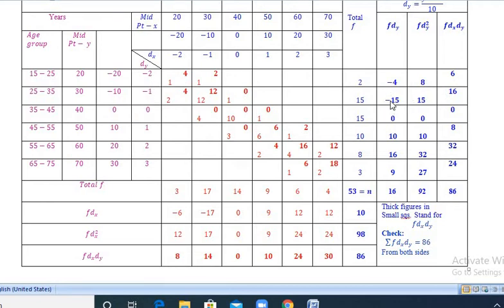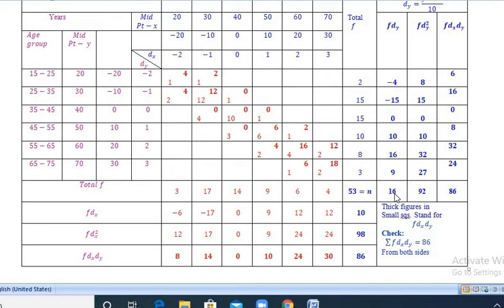F dy is minus 15 and dy is minus 1, their product is plus 15. F dy is 0 and dy is 0, their product is 0. F dy is 10 and dy is 1, their product is 10. And f dy is 16 and here dy is 2, their product is 32. And f dy is 9 and dy is 3, their product is 27.